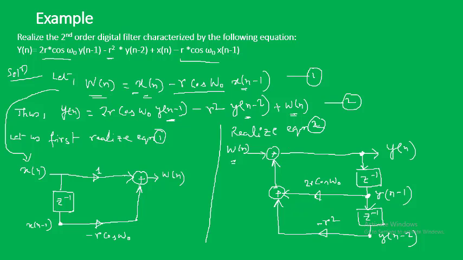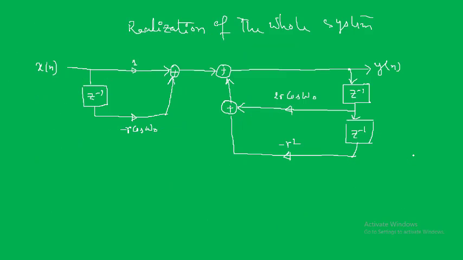Two past outputs we are having, and then we are adding them up. So w of n is getting added with this and producing y of n, that is our current output. So the last step, we should combine them together. So after combining this, the entire filter structure will look like this.